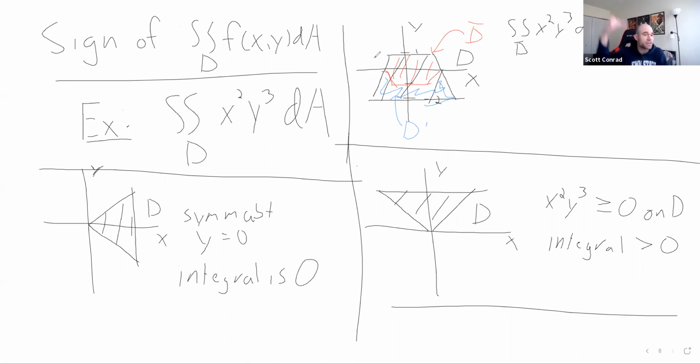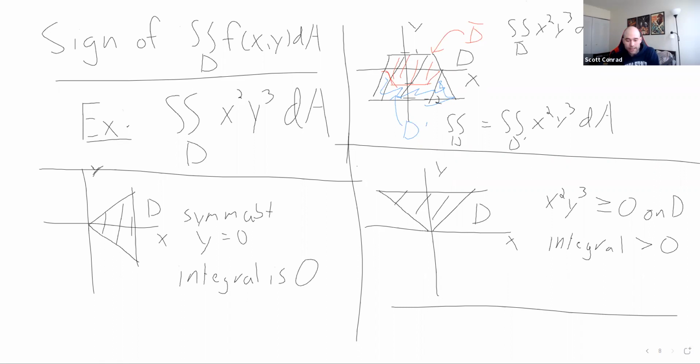Because the integral over D bar is 0, the integral over all of D is equal to the integral over D bar, which is 0, plus the integral over D prime.